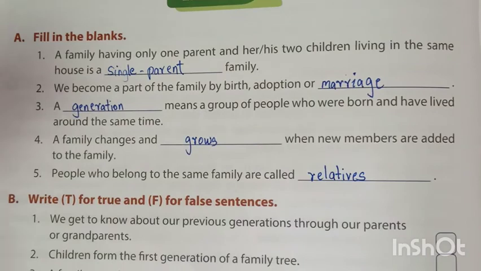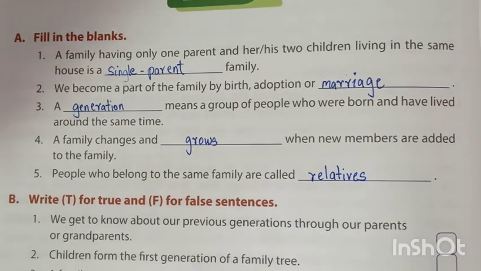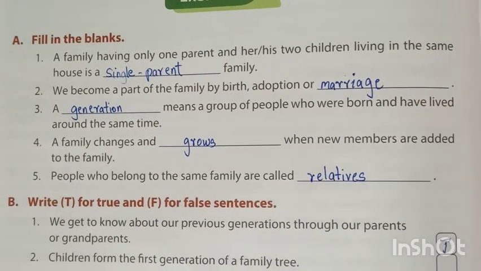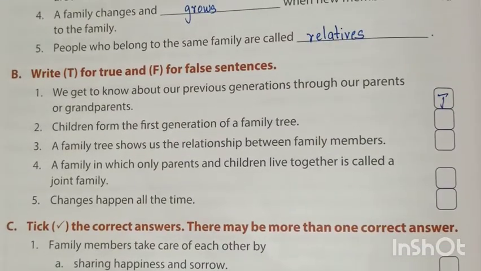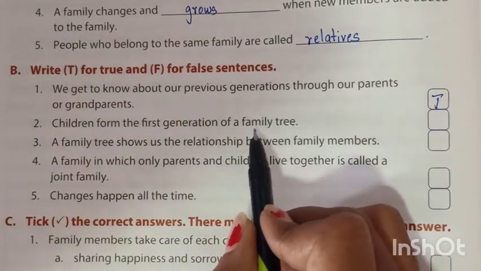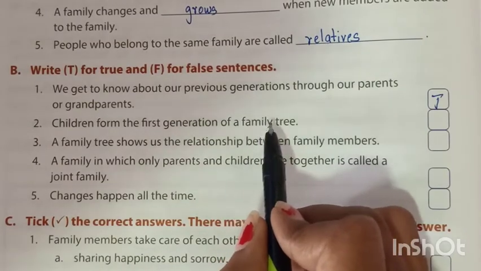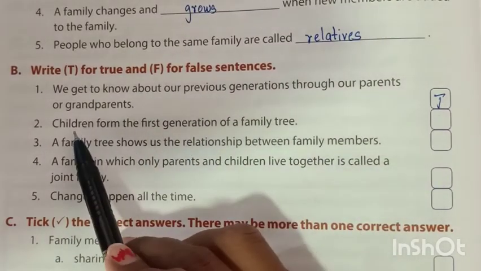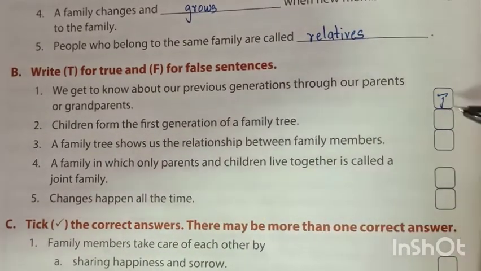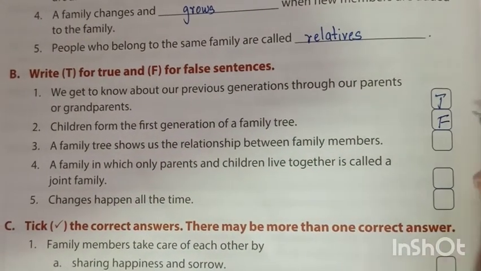Next is true or false. So we get to know about our previous generations through our parents or grandparents. True. Next is, children from the first generation of a family tree. Second question is, children from the first generation of a family tree is false.